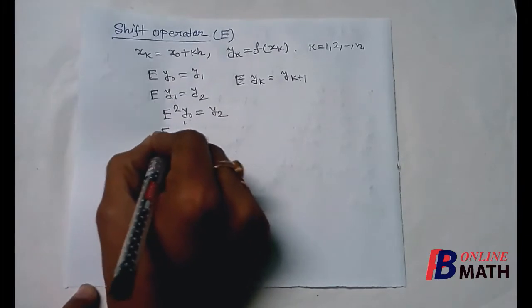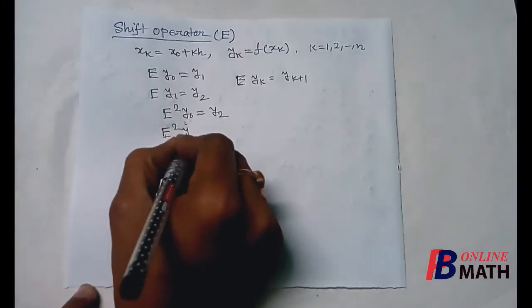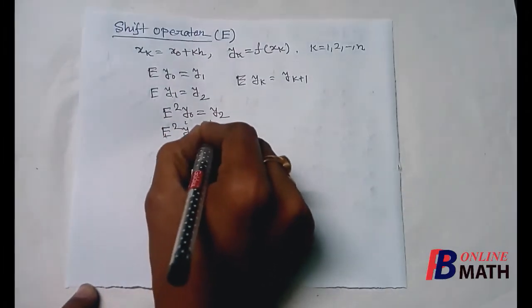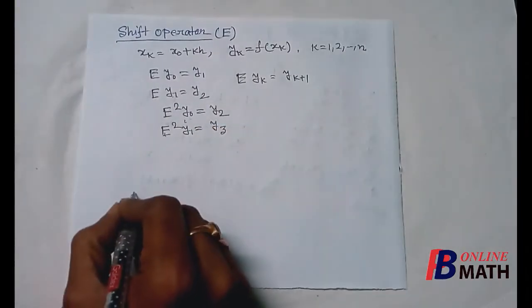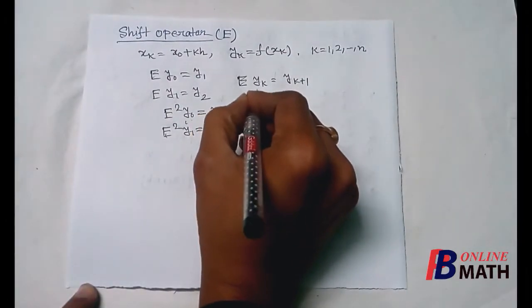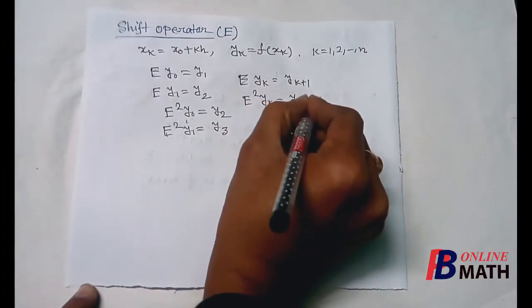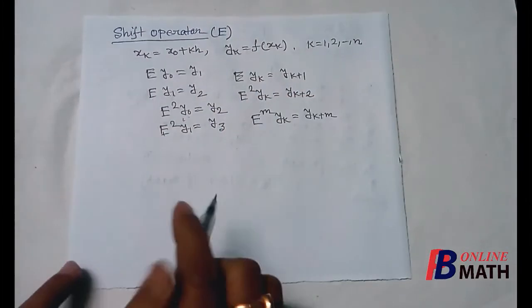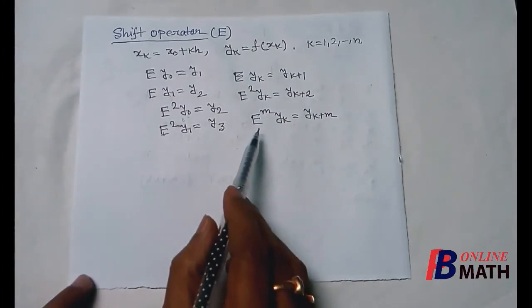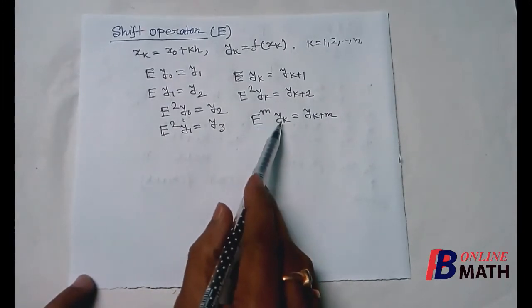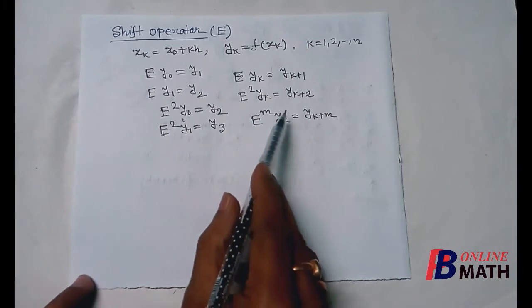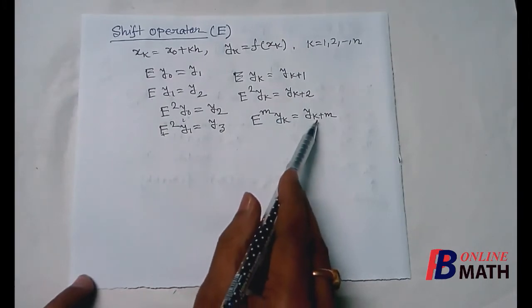If we apply it 2 times on y1, we get y3. In general, if we apply the shift operator 2 times on yk, we shall get yk plus 2. And if we apply the shift operator m times on yk, then the entry becomes yk plus m.